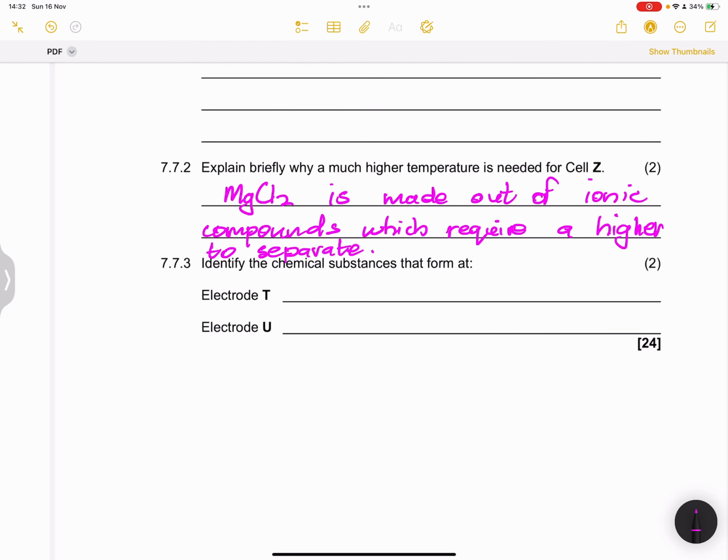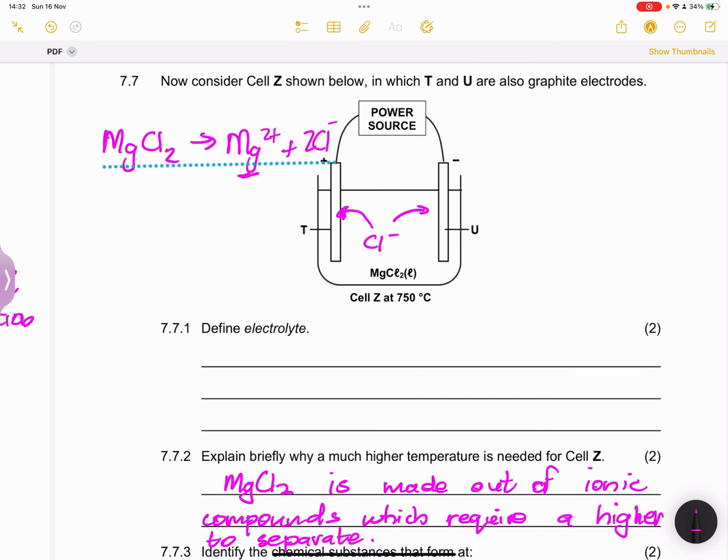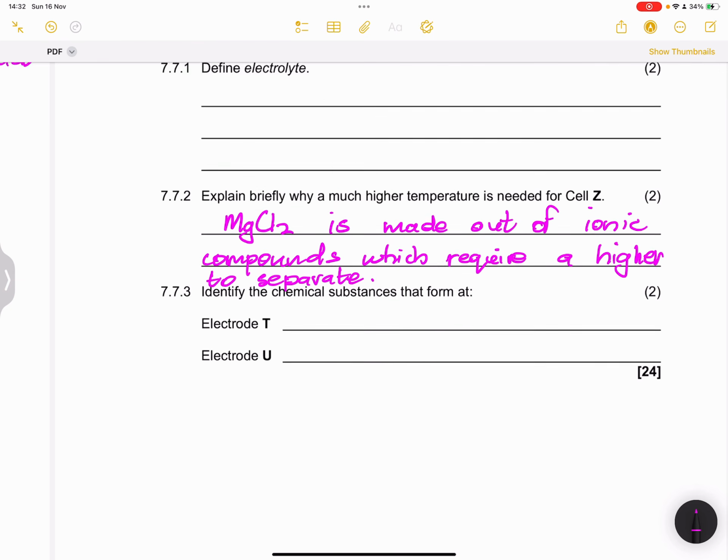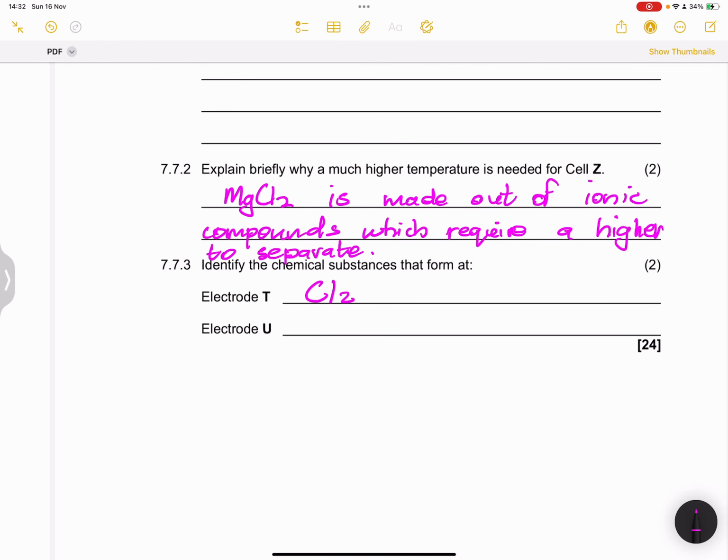So what am I going to form? The two reactions that are going to take place: Cl minus gives me Cl2, so I'm still forming chlorine at electrode T, and at electrode U, I'm going to have magnesium 2 plus gaining electrons and forming magnesium. So I now have Cl2 at electrode T, and at electrode U, I'm going to have magnesium.